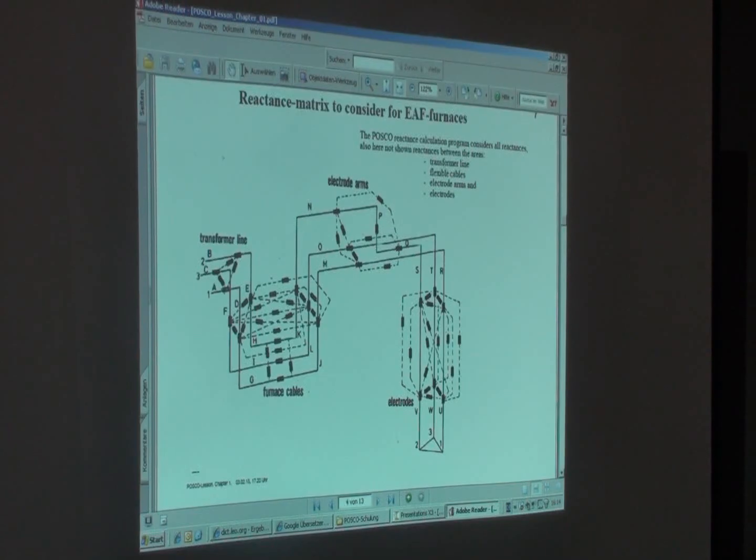Therefore, this formula is needed here. If you calculate it manually, you do not have this problem, if it's a pocket calculator. The first time we calculated with a pocket calculator, and then we don't consider the distance between transformer line and electrode.